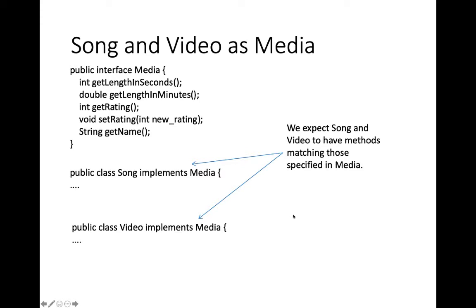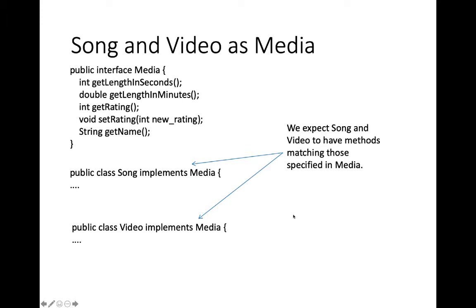So here, for example, is a little example where we've defined some interface called media, and media says, okay, a media object can get its length in seconds or get its length in minutes, or let's say it has a rating that you can either get or set, and it can retrieve its name, right? That is what a media object needs to be able to provide. And now we might have two specific implementations of this media interface.